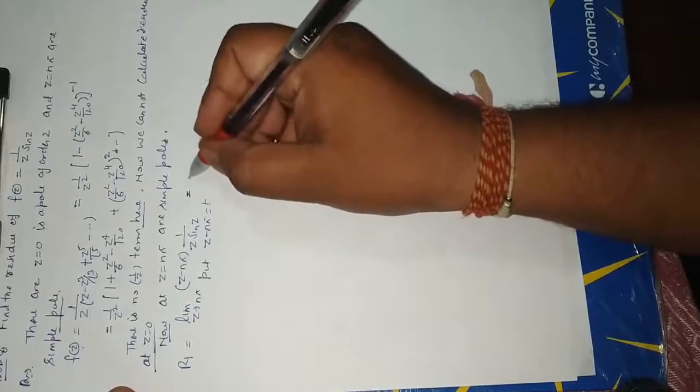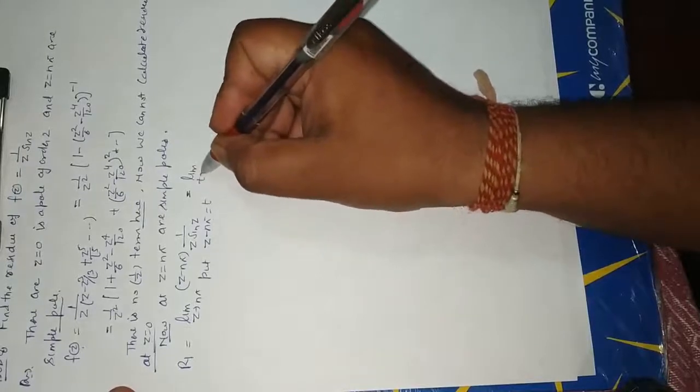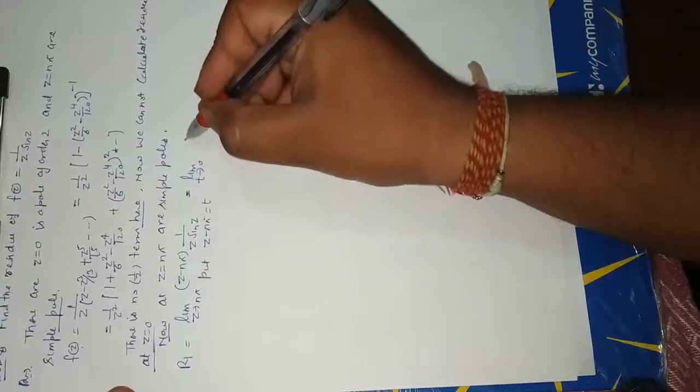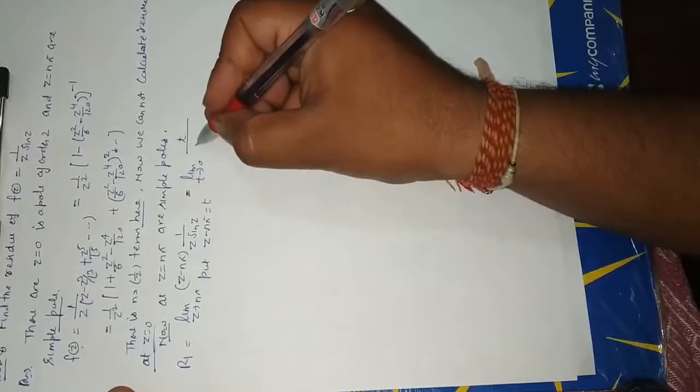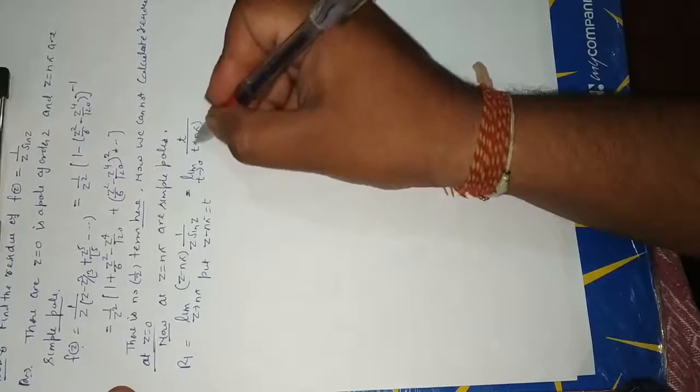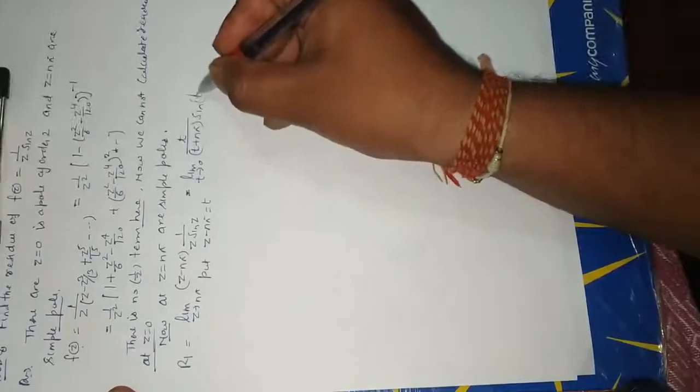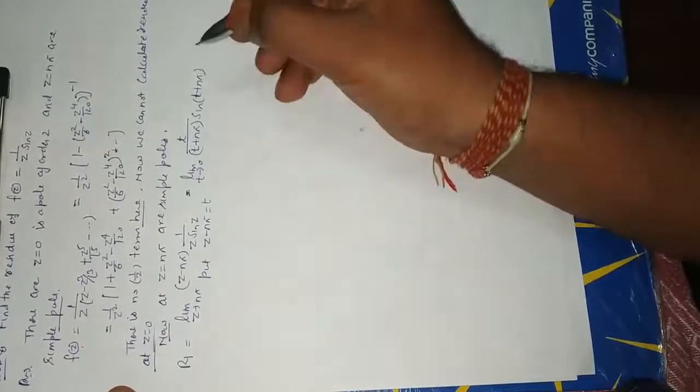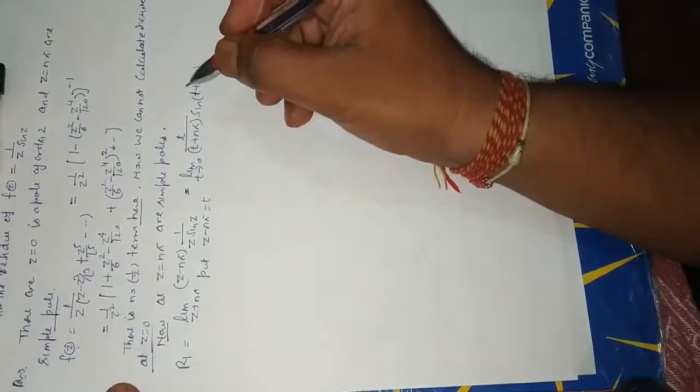Therefore limit t tending to 0, t upon t plus n pi, sin(t plus n pi). Okay.